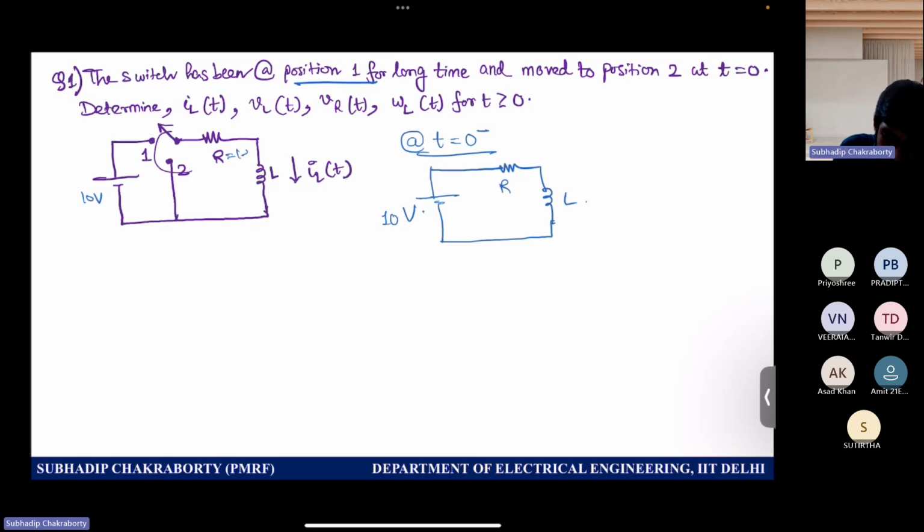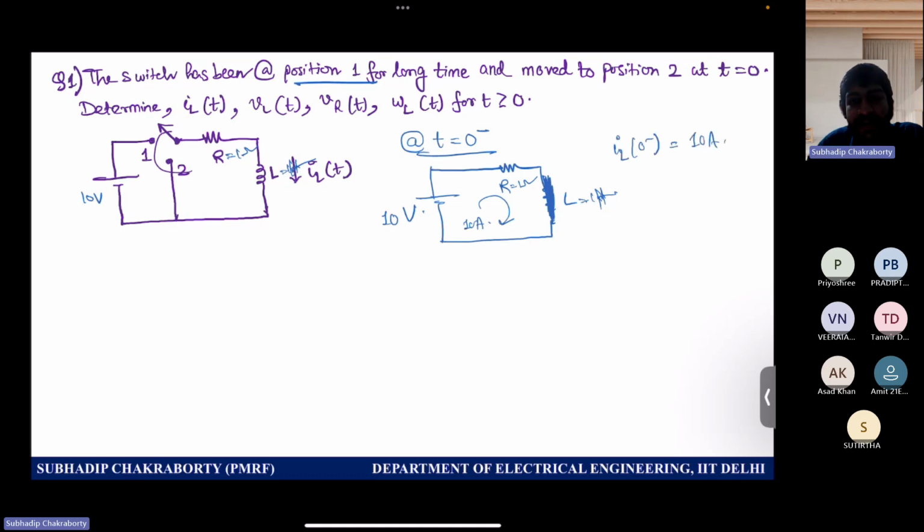Now assume R to be 1 ohm, L to be 1 Henry, directly you assume. So how will it look? 10 ampere, right? 10 ampere, because the inductor was connected for a long time and will behave as a short. So IL(0 minus), the initial condition, is 10 ampere.